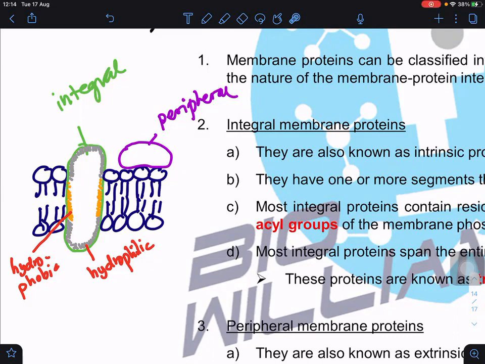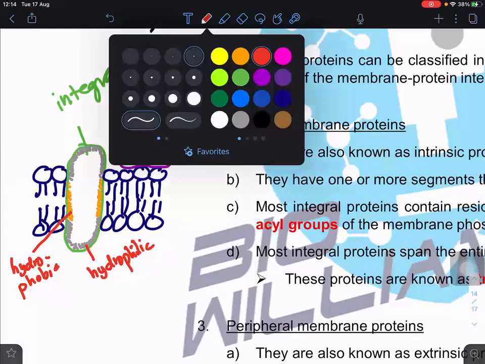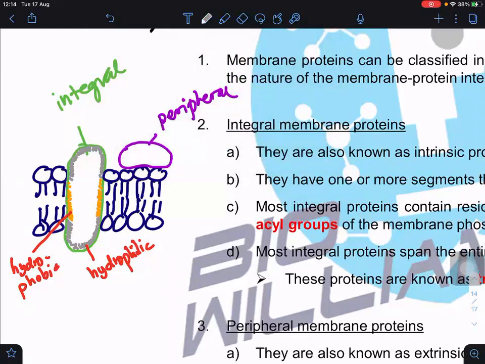So how about peripheral protein? For peripheral protein, you realize that they do not need to have the hydrophobic interaction, because they never interact with the hydrocarbon tail. So the entire region at the outside interacts with the water molecule, or with the aqueous surrounding, or with the phospholipid head.